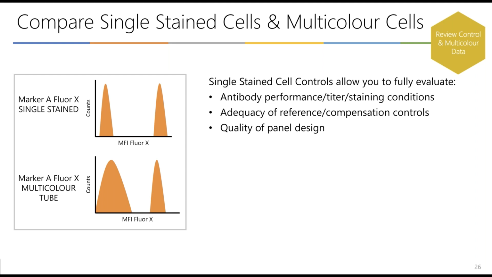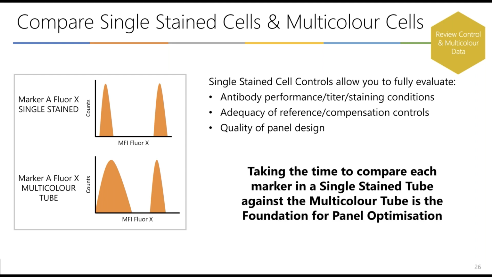By observing fluorochrome X in the single stained tube and the same fluor in the multicolored tube, we are looking to see if we can maintain population resolution when the fluor is in the cocktail compared to when it is singly stained. And taking the time to compare each marker in a single stained tube against the multicolored tube is the foundation for panel optimization. So let's look at some real data on the next slide.